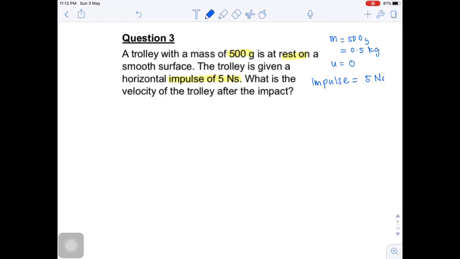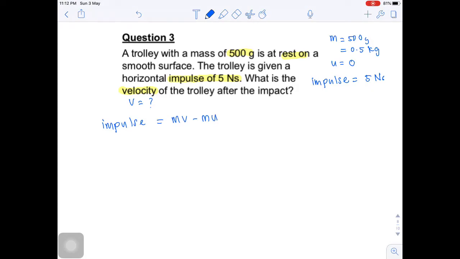What is the velocity of the trolley after impact? So the question is asking the velocity. When there is v, we have to use the formula impulse equal to mv minus mu.